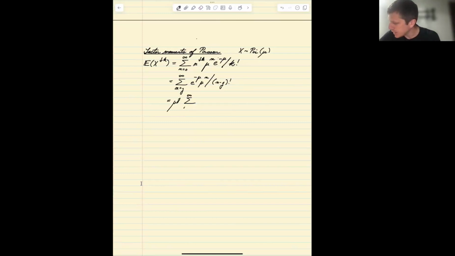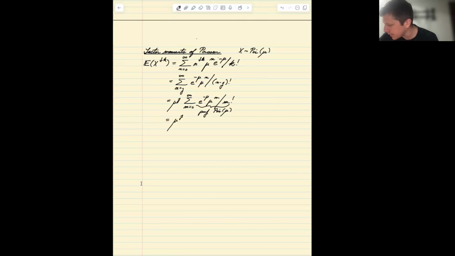Well, let me change the index to m. The sum from m equals 0 to infinity of e to the minus mu, mu to the m over m factorial. But now, why have I done all that? Because what this now looks like is just the Poisson mu PMF over all possible values.